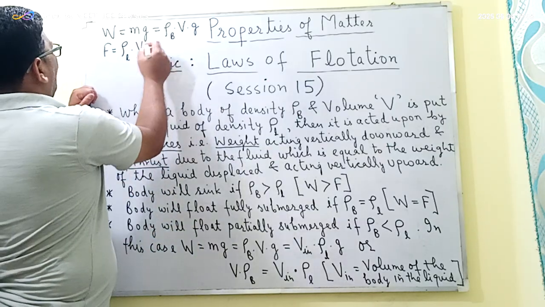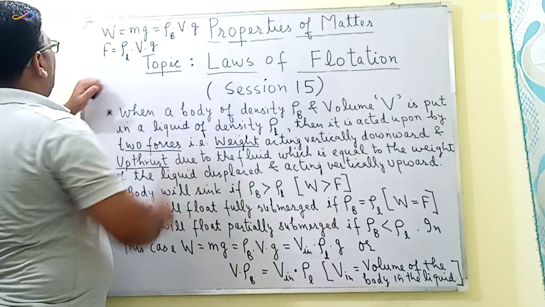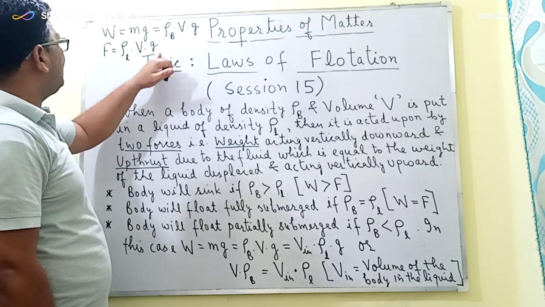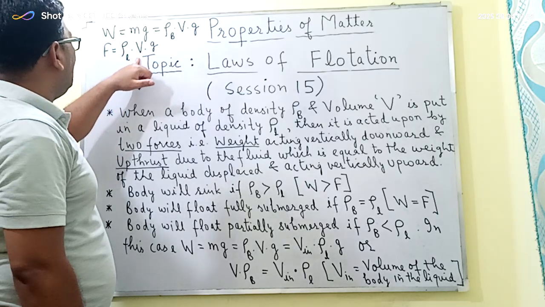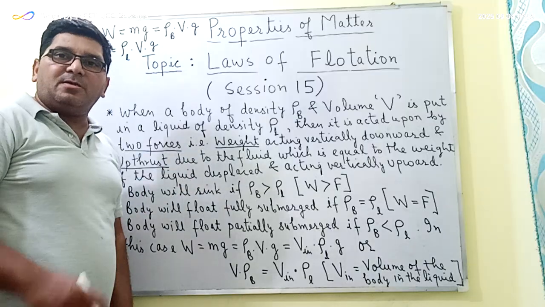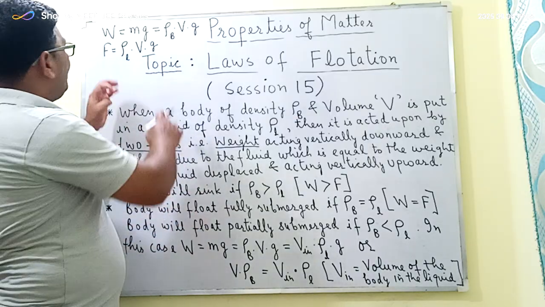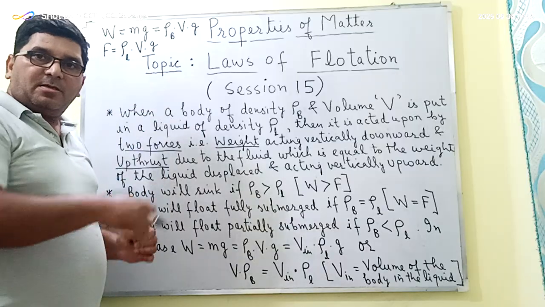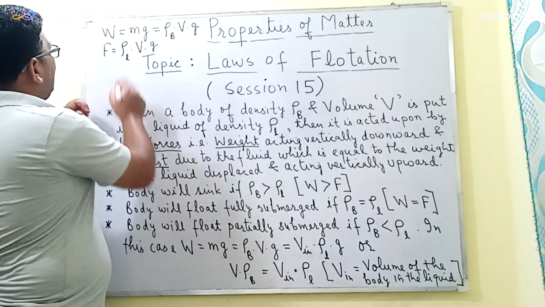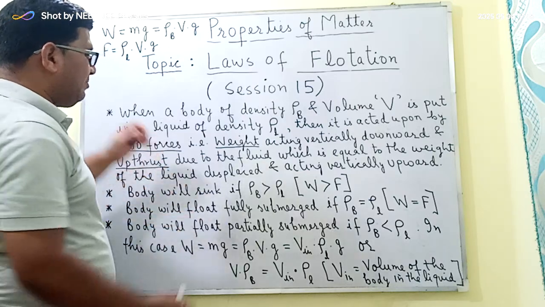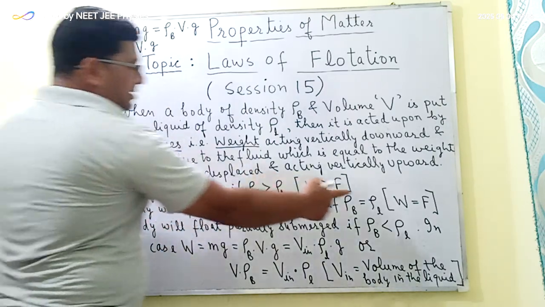So the upthrust will be equal to rho l into v into g, where g is the acceleration due to gravity, v is the volume of the liquid which is displaced, and it will be equal to the volume of the body, and rho l is the density of the liquid.